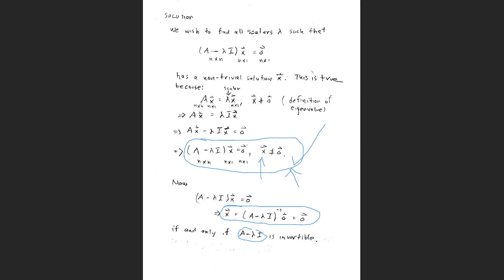But if A minus lambda I is not invertible, what does that tell you about the determinant of A minus lambda I? That's right, Hung. It equals 0. And that's the key. There's your characteristic equation.